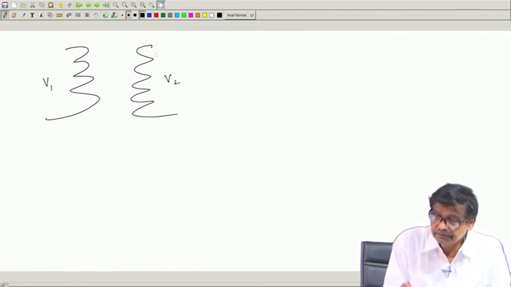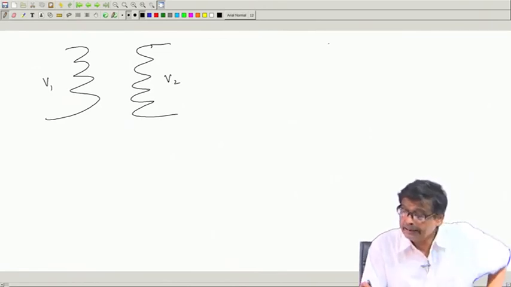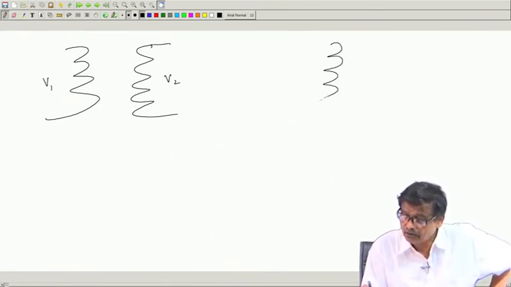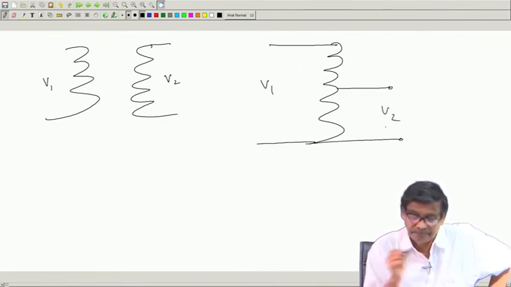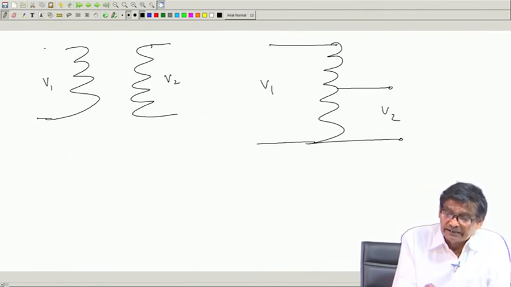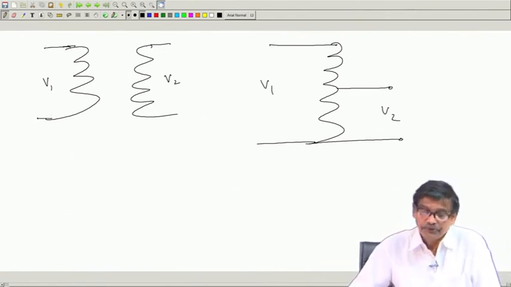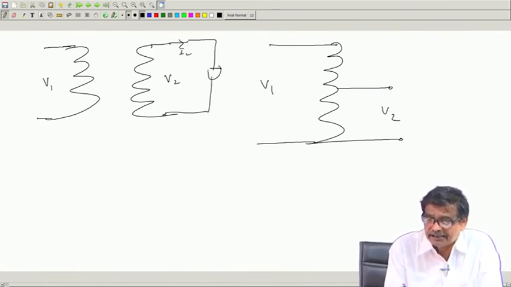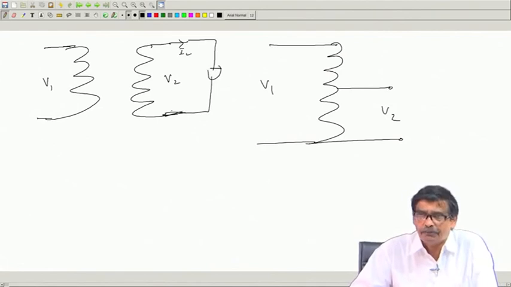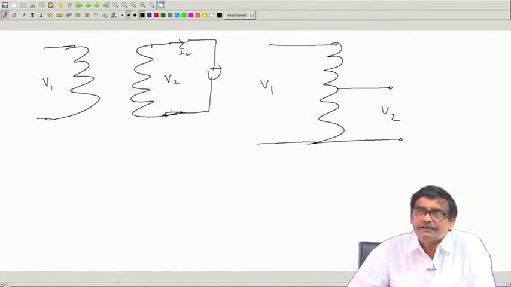V1, V2 you are getting, and a similar rated auto transformer where V1 and V2 you are getting, that is fine. Suppose a two winding transformer is supplying load, rated current, which is how I would like to operate the transformer, because I have purchased a transformer of given kVA, let it handle given kVA, why operate it under no load.